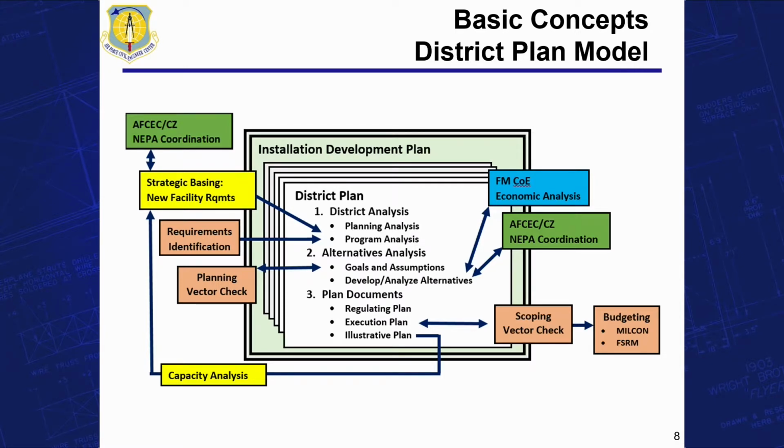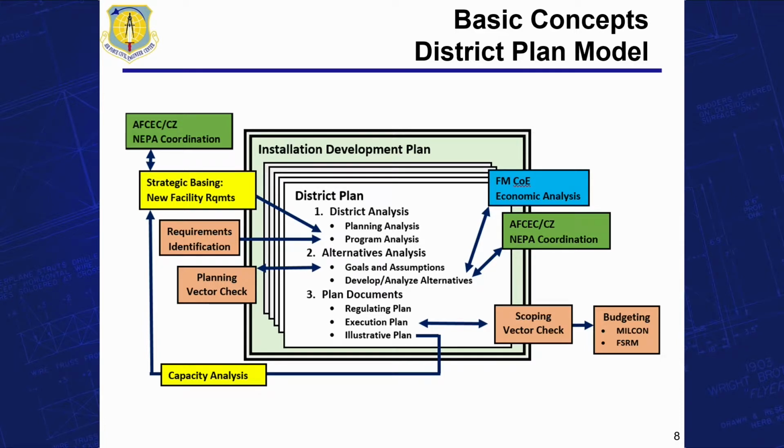New basing actions are less common than the continuous process of asset management applied across the installation. The various tan boxes represent opportunities for input from AFIMSC, activity managers, MAJCOMs, or other higher headquarters to provide strategic input into the district plan, such as high-value mission requirements, important investment strategies, or other priorities that agencies support.